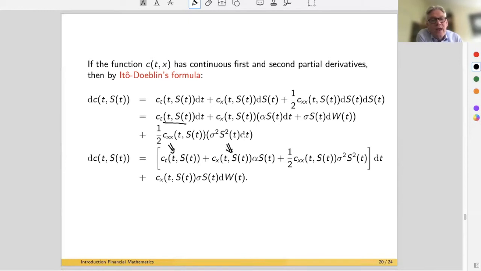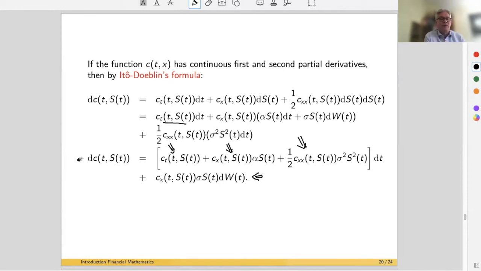And here we also have a dt term, 1/2 the second derivative of C with respect to X times sigma squared S squared, that is the one here. And the last part that remains is the dW term, so that's the uncertainty in the option price if you wish, that is sigma S dW_t, and that we see over here. So we have a form for the dynamics of the call option value.